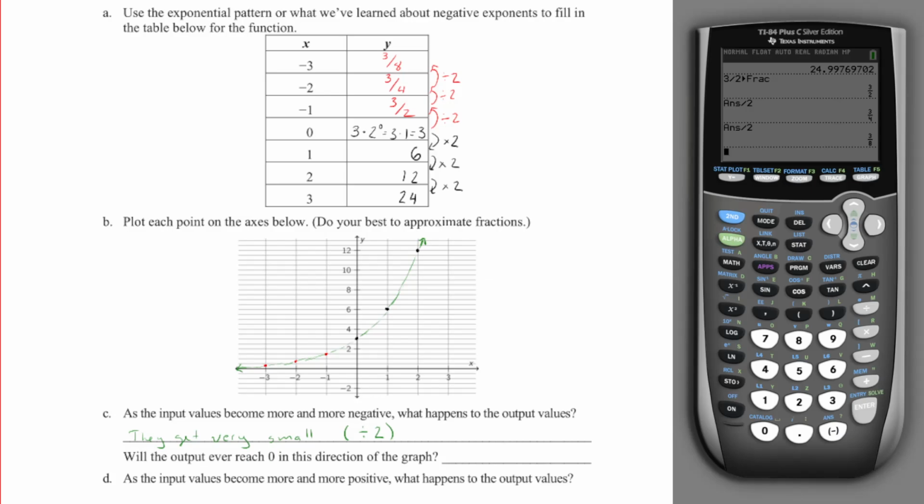But no amount of dividing by 2 is ever going to get us all the way to 0. Right? The output on the graph will never reach 0. It'll get as small as we want, but it won't get all the way to 0.